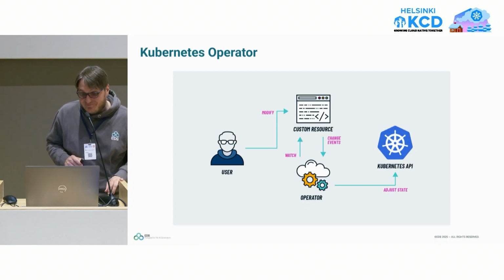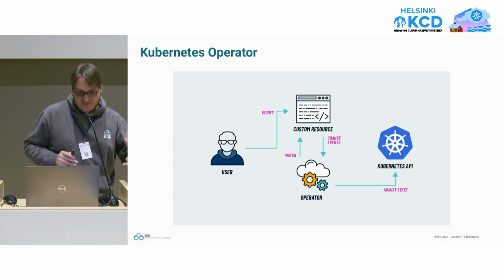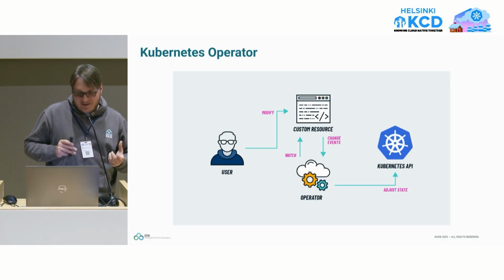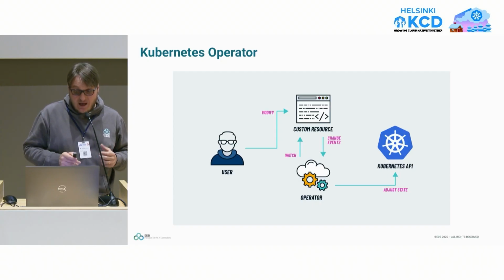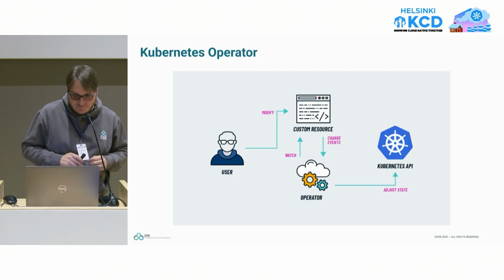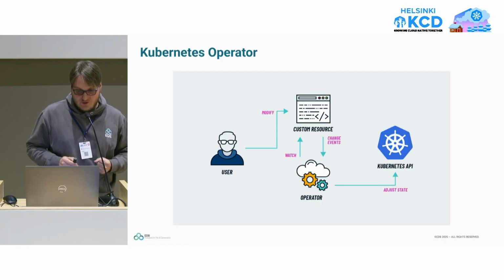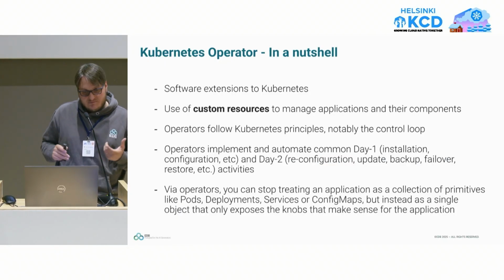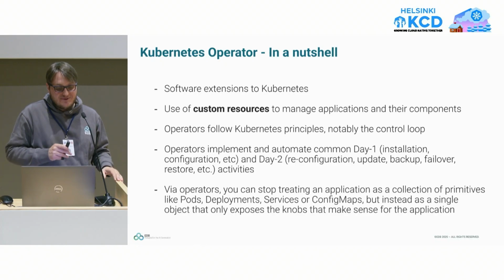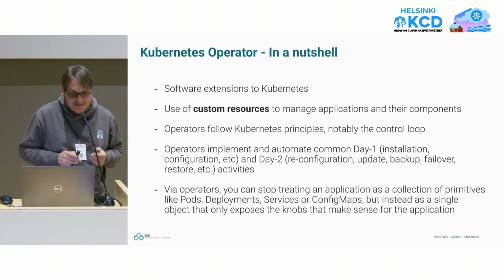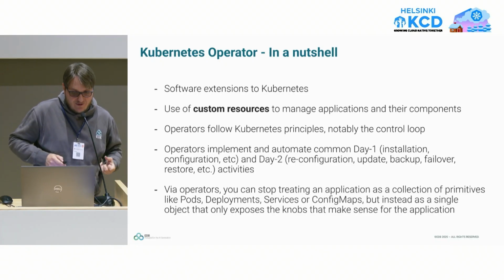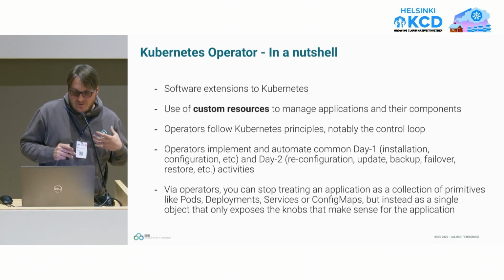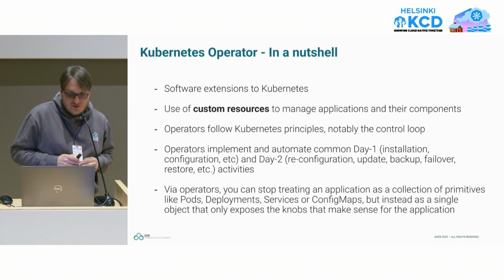Basically, there is a user that modifies a custom resource that the operator is watching and interacts with the Kubernetes API in order to align what the user specified. So, yeah, what are Kubernetes operators? They are software extensions to Kubernetes. They rely on custom resources that you define and follow Kubernetes principles, obviously.